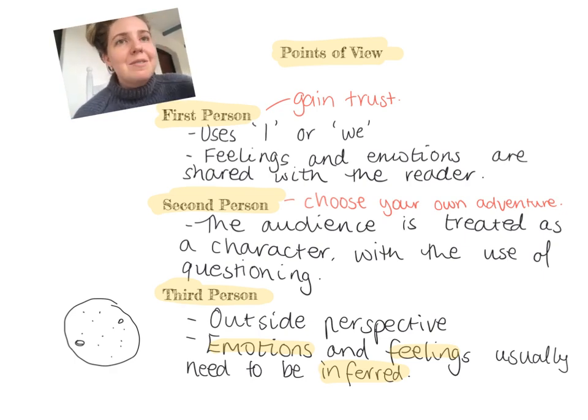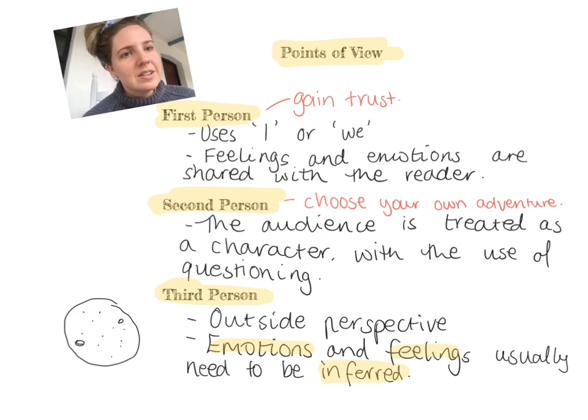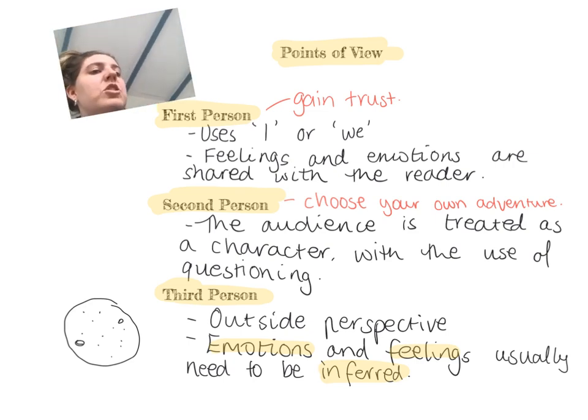But we'll be able to see from the outside, oh, they're actually being hurt by the situation. And that's us inferring. We're coming to a conclusion. So this is really tricky because we have to decide what the feelings of those characters are. Okay? So this is a really, really tricky one.